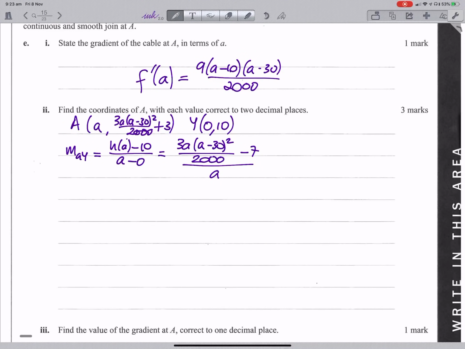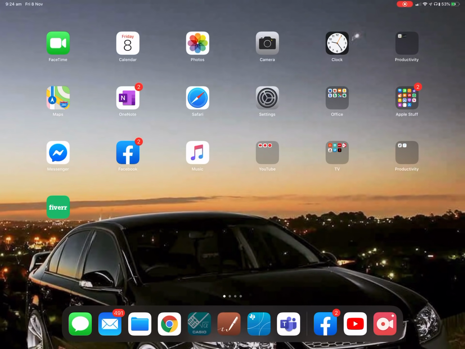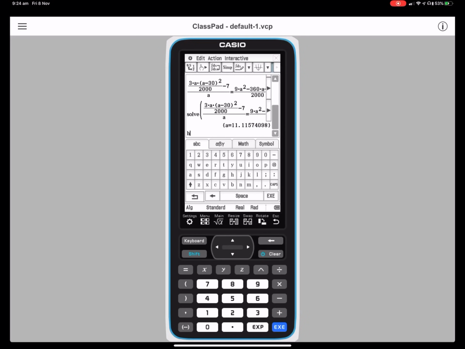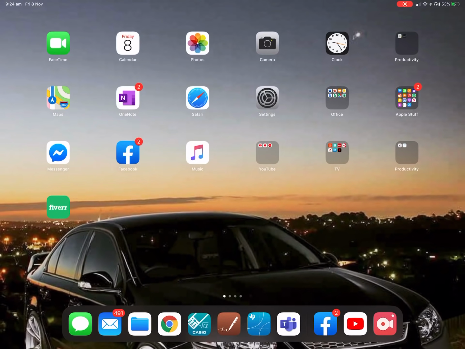Given 10 is less than a, which is less than 20, A equals 11.12. And then we've got to find h of that. So h of that is 8.95.